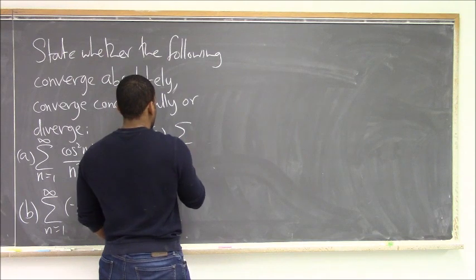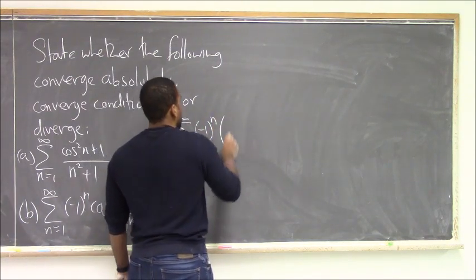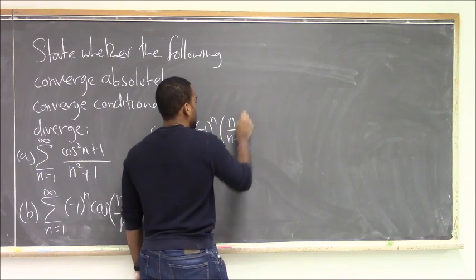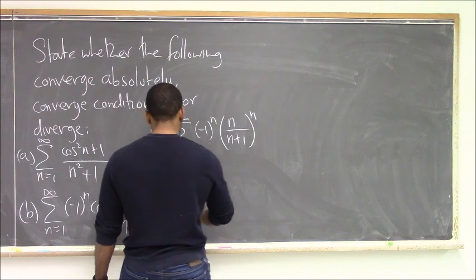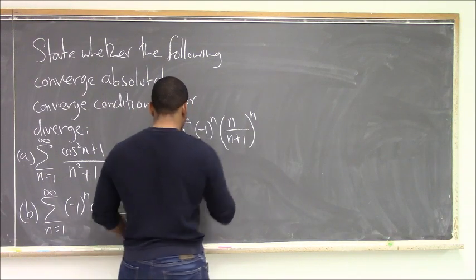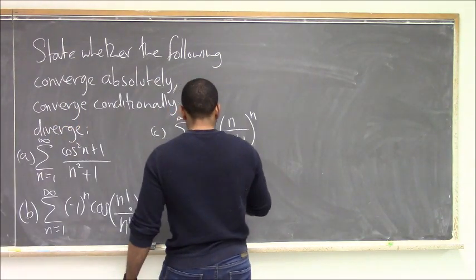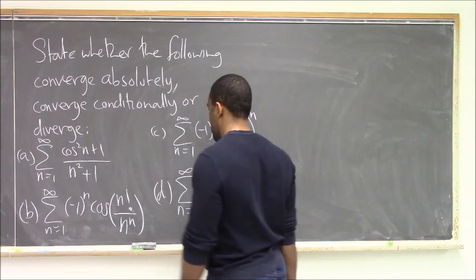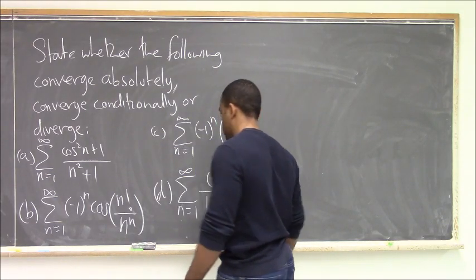The next one, minus 1 to the n over n plus 1 to the n. The next one, minus 1 to the n over ln of the square root of n plus 1.